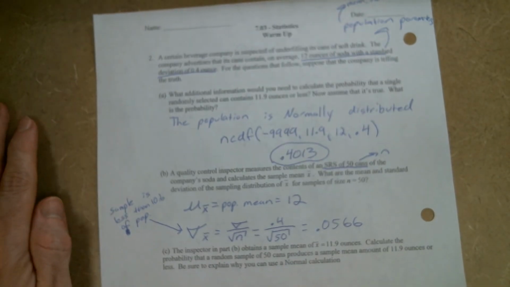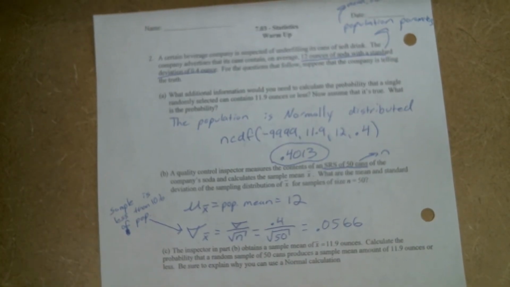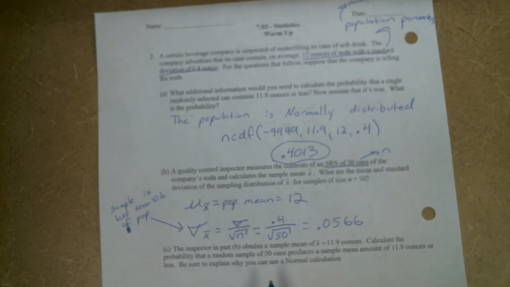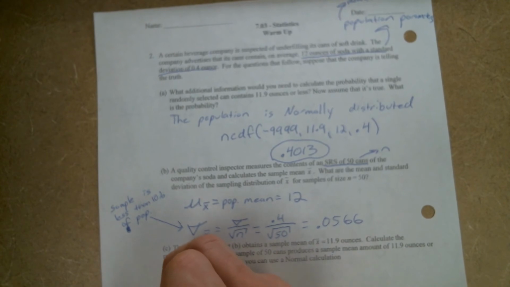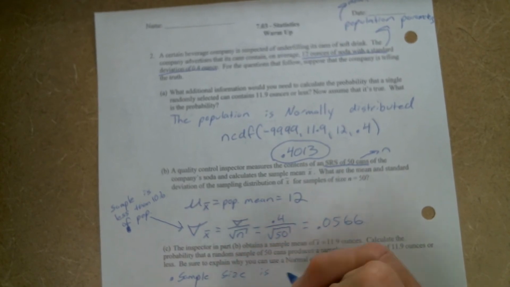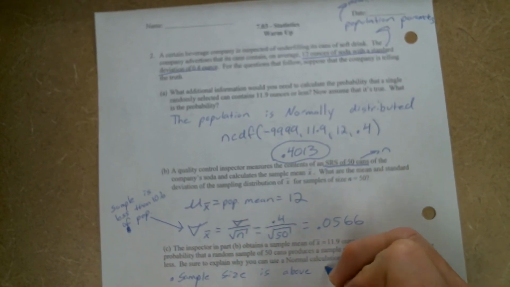All right. So again, when you're sampling without replacement, it's important that your sample is less than 10% of the population. Otherwise, you can't really rely on that standard deviation that you're calculating. Here, explain why we can use the normal calculation. Basically, sample size is above 30.